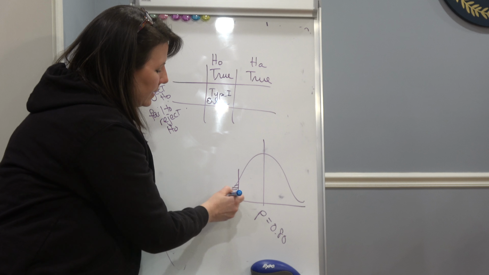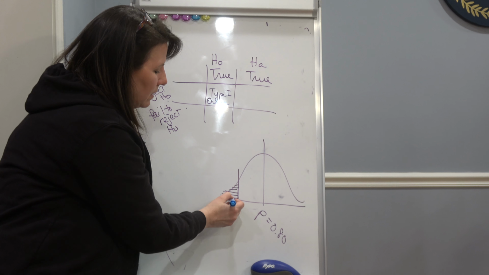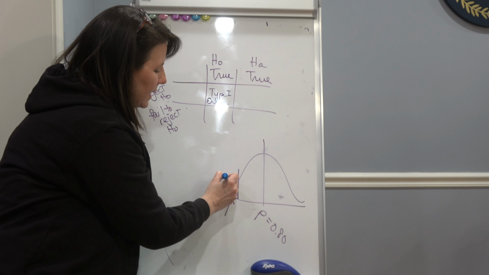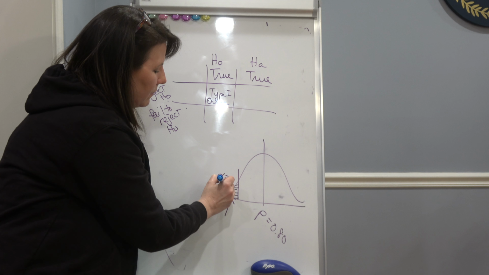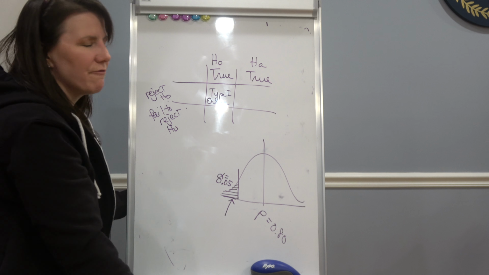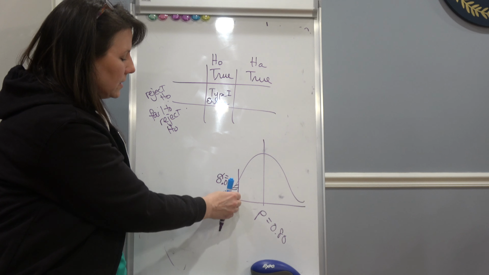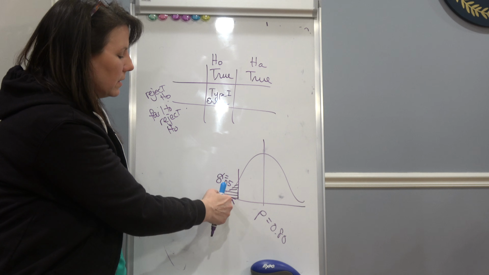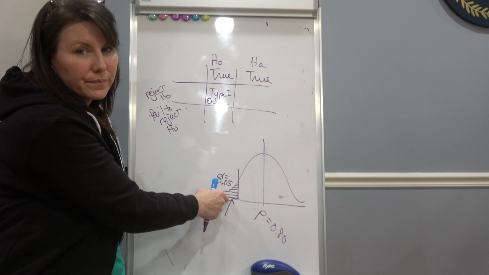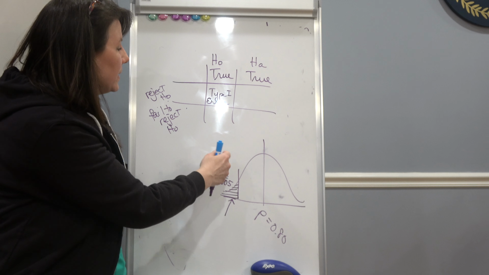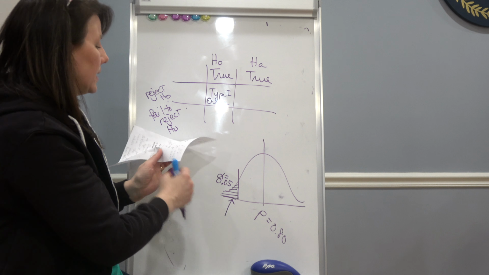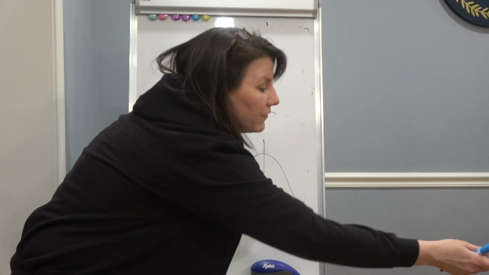The probability that I reject it is basically whatever we set as that alpha level. If we say it has to happen less than 5% of the time, the p-hat is going to land to the left of that marker 5% of the time. So the probability of a type 1 error is just alpha.